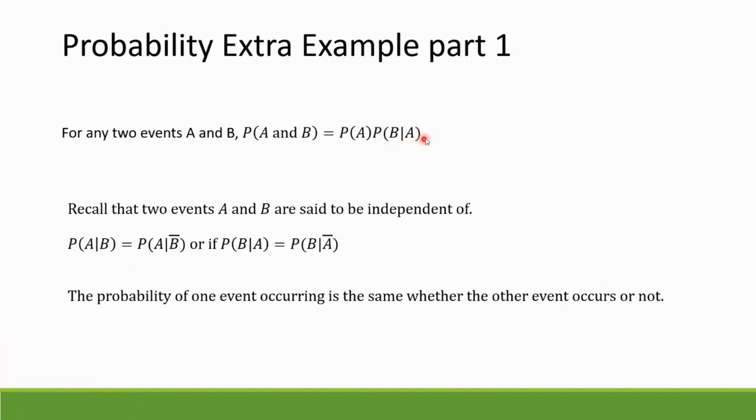Remember, this is what we call conditional probability. This is the probability of A. This is the probability of B given A.